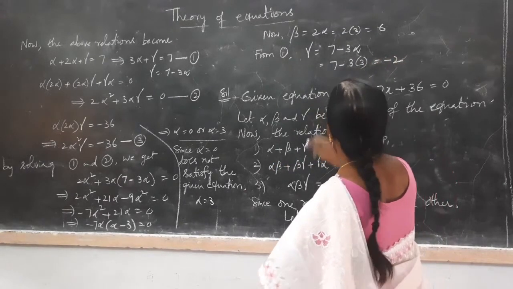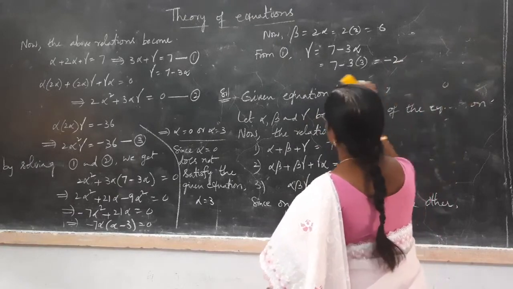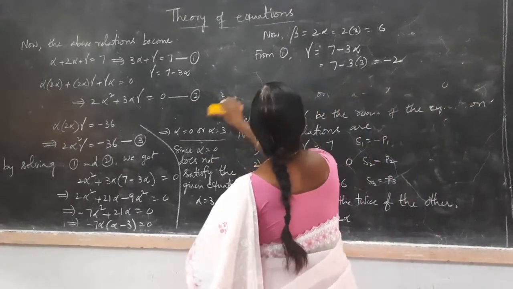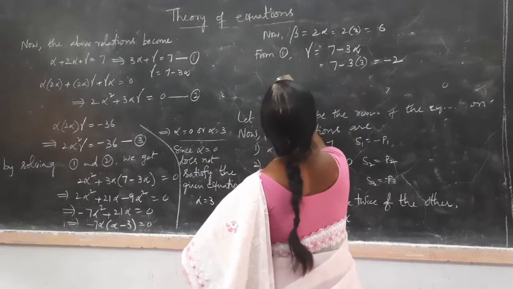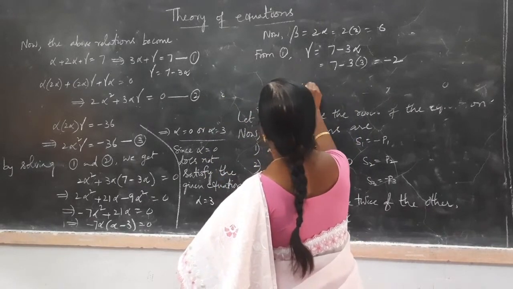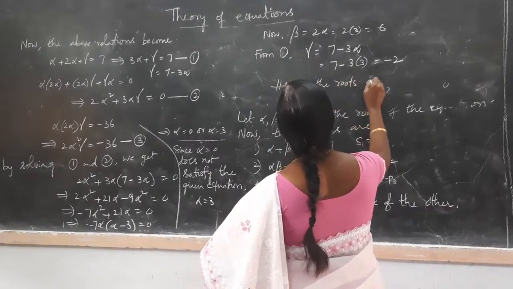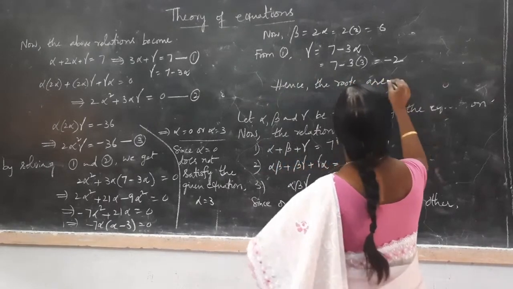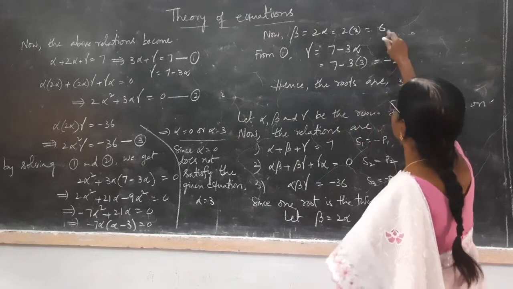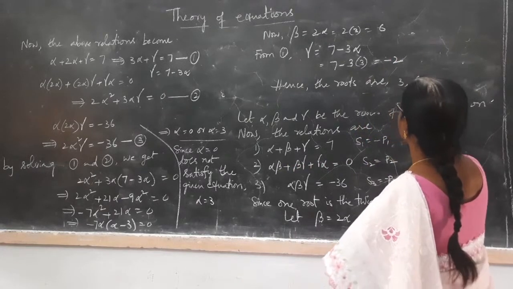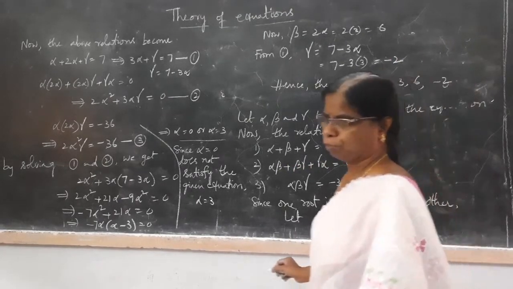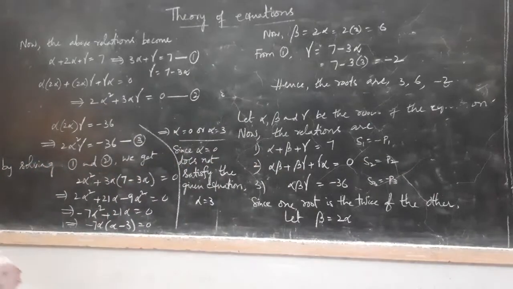Hence the roots are alpha, beta, gamma. So alpha is 3, beta is 6, gamma is minus 2. Okay, so this is our problem.